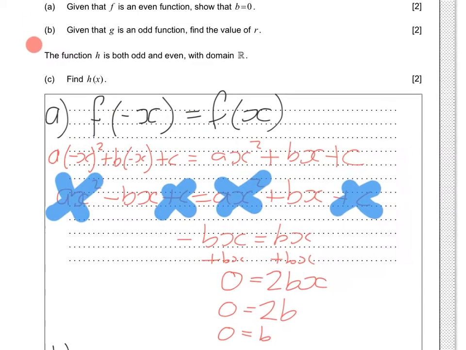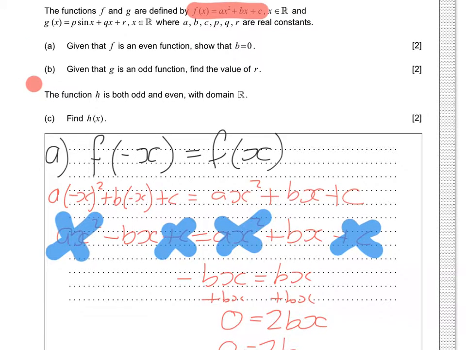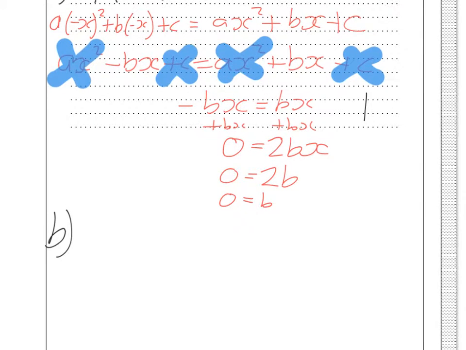Part B, now we're dealing with an odd function. So in an odd function, if you substitute a negative number in, then you get a negative answer out, or you get the opposite sign answer out. So if you put a negative number into the odd function, you get the negative or the opposite sign as if you put a positive number in, and vice versa.